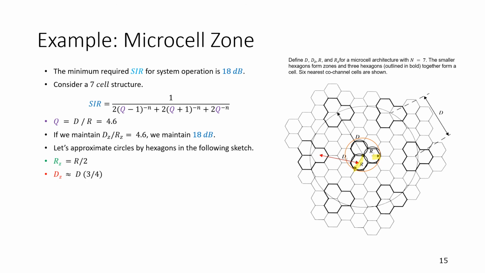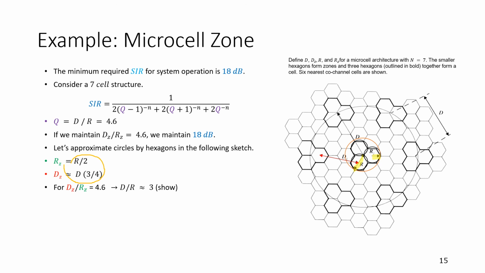So it's becoming 3 over 4. Now if you look at the ratio D_Z over R_Z, if you divide these two together, the 4 with the 2 would give you 2, so this is going to be approximately equal to 3, right?